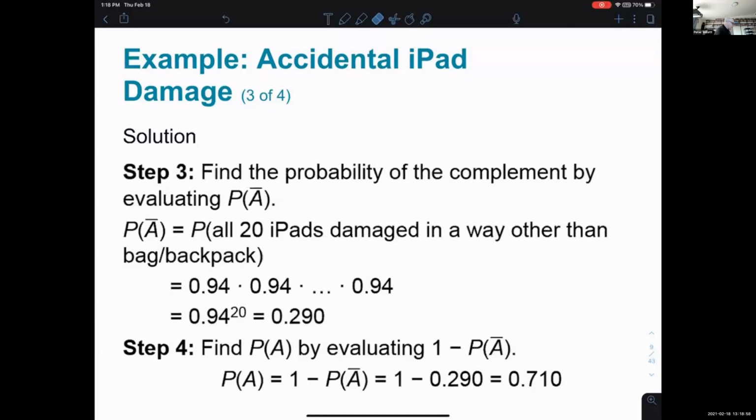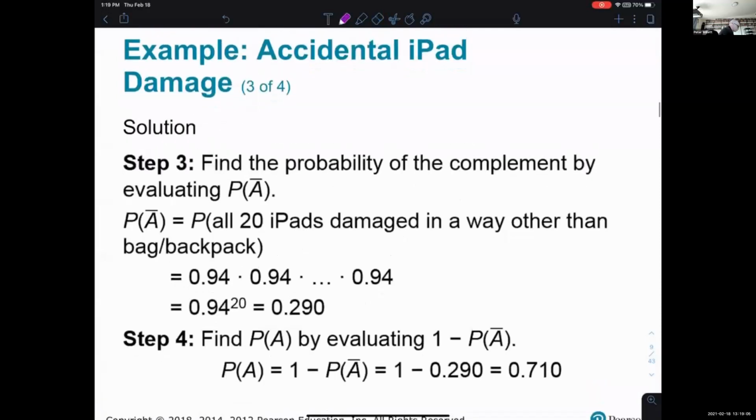So they're basically saying the probability that all 20 were damaged in a way other than a backpack. So, reminder, this is the probability of one iPad damaged not in a pack.